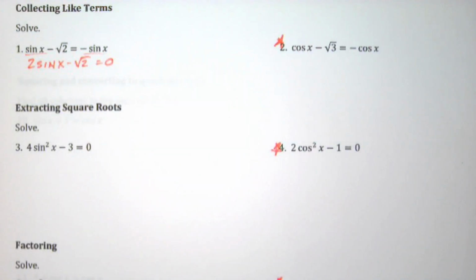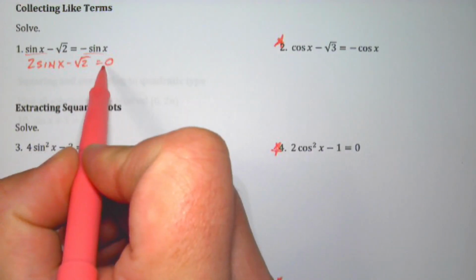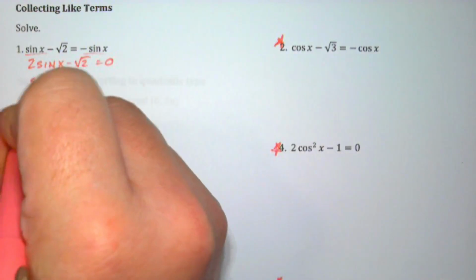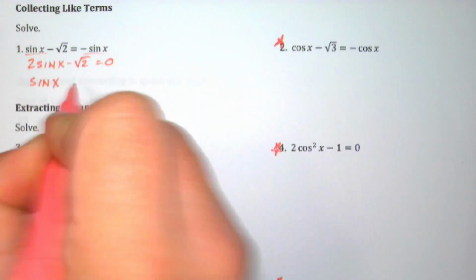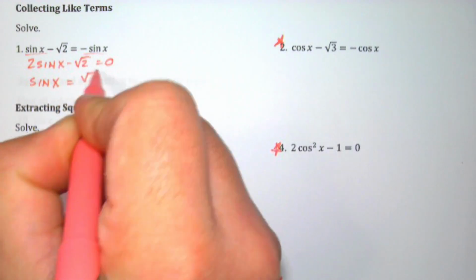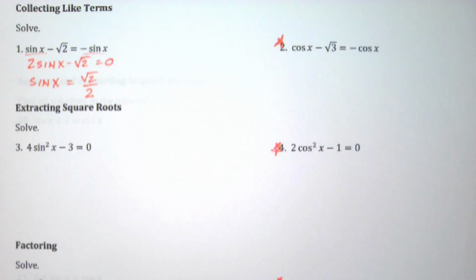So you have 2 sine of x minus root 2 equals 0. And now I'm going to add that root 2 and then divide by 2. So that function sine by itself is just root 2 over 2.